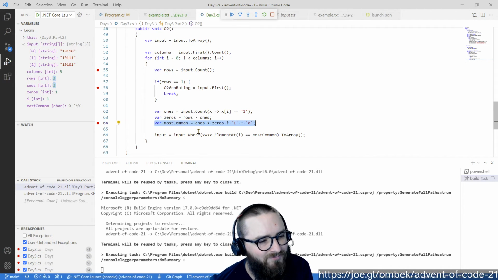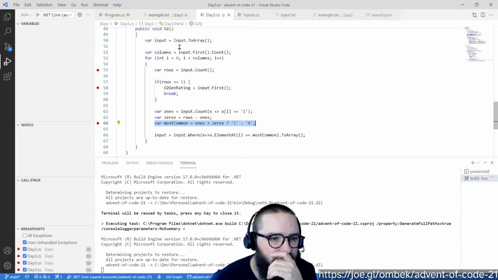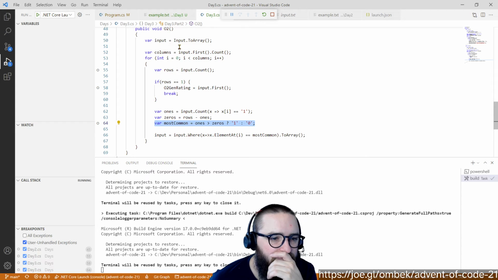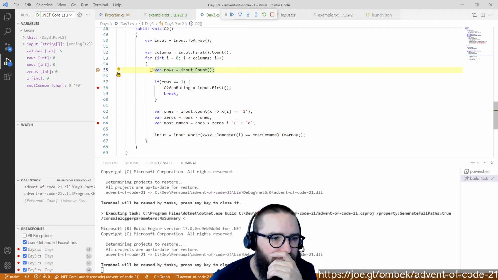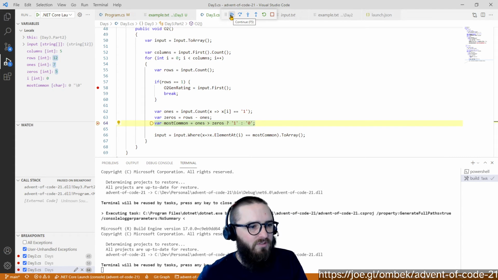Let's start again. So rows is 12, ones is 7. Yes, that's what we want. Zeros is 5. Okay, then rows is 7. Number of ones is zeros is, that's right. This is working.